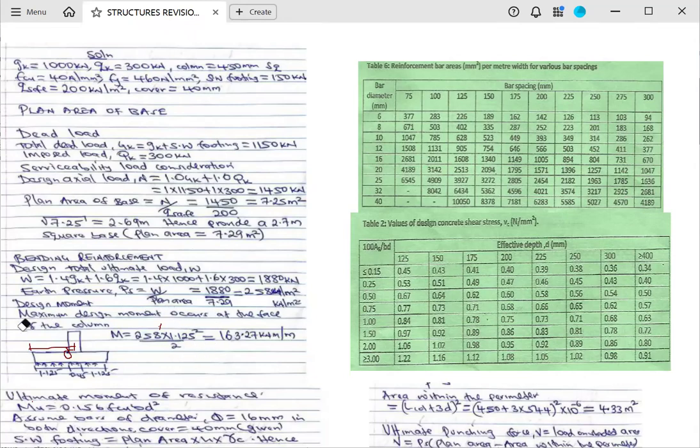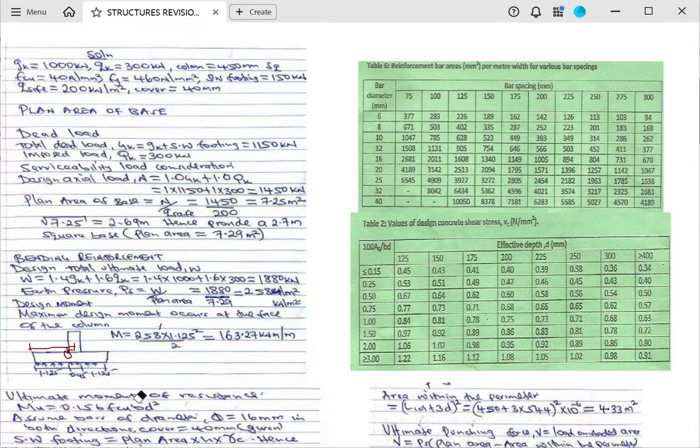That is why we are ending up with a value of 1.125 as the distance from the edge of footing to the face of column, because if you divide 2.7 by 2, the half of length of footing, it will be 1.35. This 1.35 subtract the column measures 450 millimeter, which is 0.45.